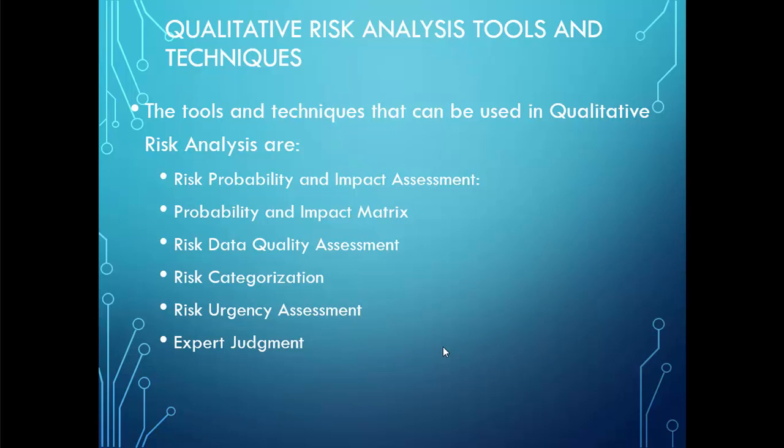And then we can use the probability and impact matrix, which is used to prioritize risk for further quantitative analysis and response based on their ranking. Risk data quality assessment is a technique that can be used to ensure the accuracy and credibility of data used in the qualitative analysis.